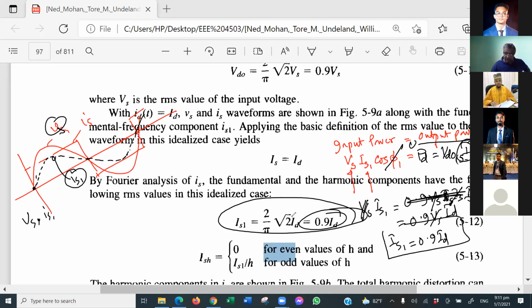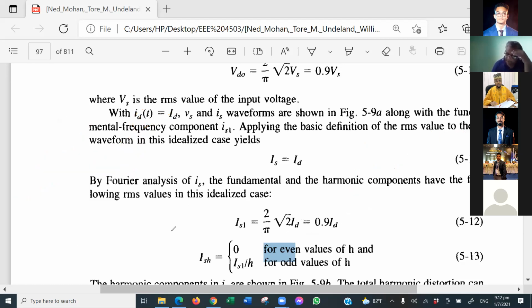Now it is very easy for you. If you want to find out Is, we got Is1 by H. So put H equal to 3, and you know Is1 is 0.9 ID, so that will be your 0.3 ID, right? You got it or not? Yes, sir.